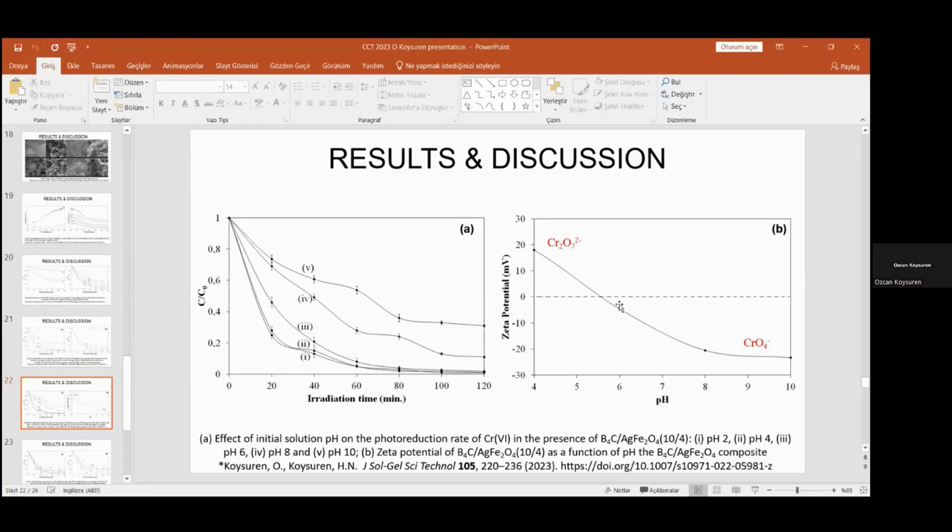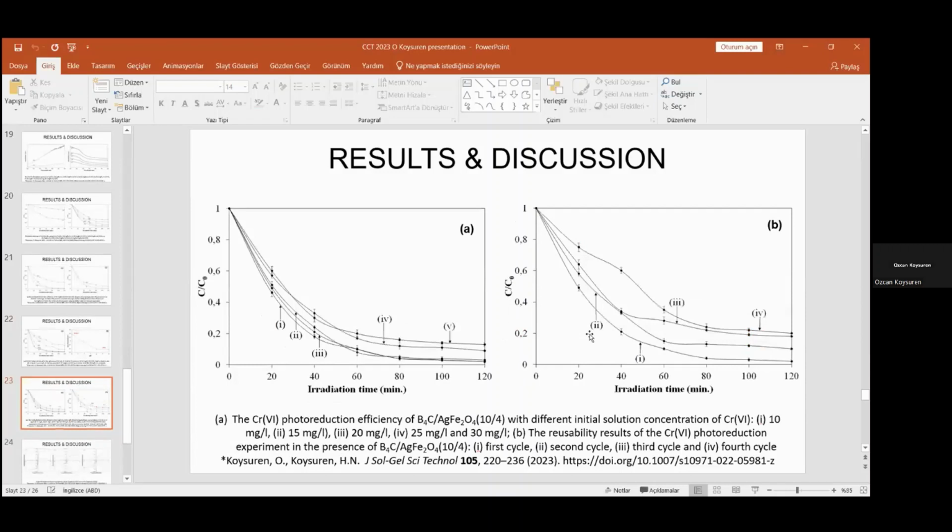When we look at the zeta potential graph, when the solution medium is acidic, the surface of the particles becomes positive. If the solution is basic, with high pH, the surface becomes negative. If the surface is positive, we expect interaction between the negative chromium ion and the positive surface charges, and this increases the surface adsorption and, additionally, the photoreduction rate.